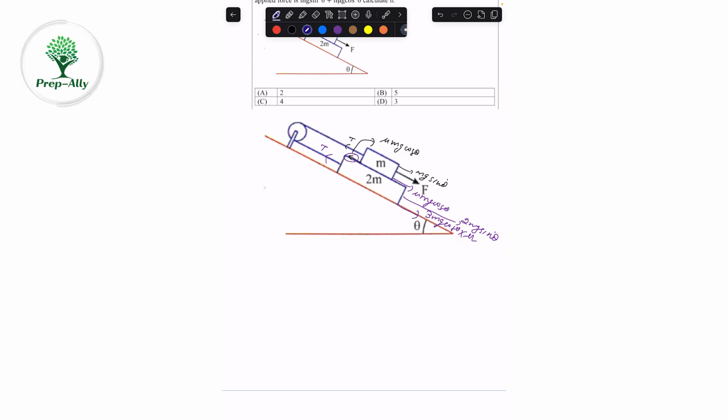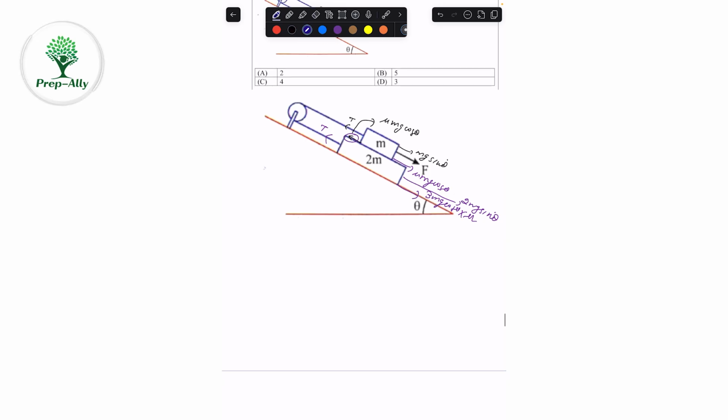We want the smaller block to move anyhow, so we'll say the equilibrium, the net force acting on the bodies is almost zero. For the 2m block, tension is upward, and the downward force is 2 mg sin theta plus 4 mu mg cos theta.